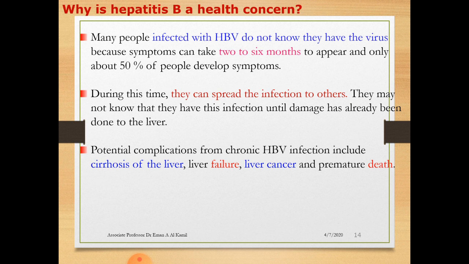They may not know that they have the infection until a complication occurs. So the potential complications, as we mentioned, from chronic hepatitis B virus infection include cirrhosis of the liver or fatty changes of the liver, liver failure and liver cancer, and sometimes it leads to premature death.